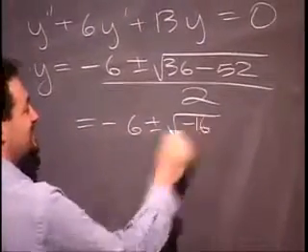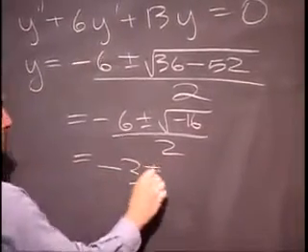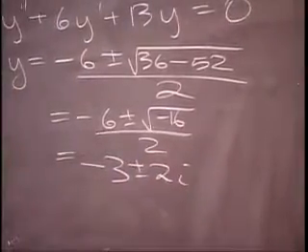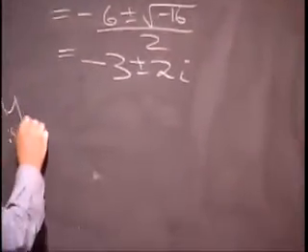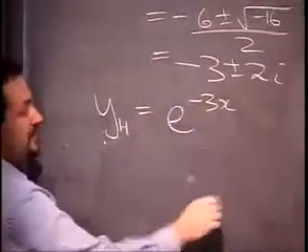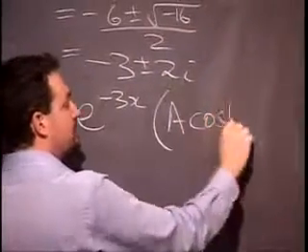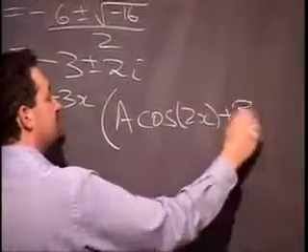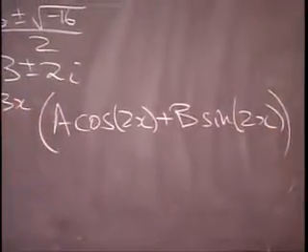The square root of minus 16 is 4i. So this is minus 3 plus or minus 2i. So the homogeneous solution, remember the method, is e to the minus 3x, you take the real part, and then the constants are a cosine 2x plus b sine 2x. So that is the homogeneous solution.